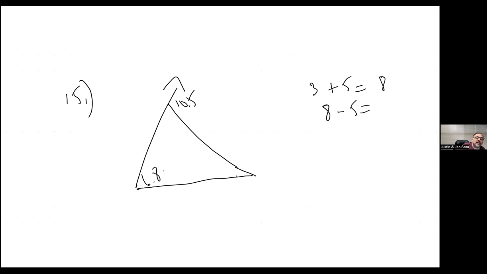So if this plus this equals this, then this minus this must equal that. Is that true? Yes? So if this is the x that they're asking us for, then all we really have to do is say this minus this is going to equal this. You see my little illustration?